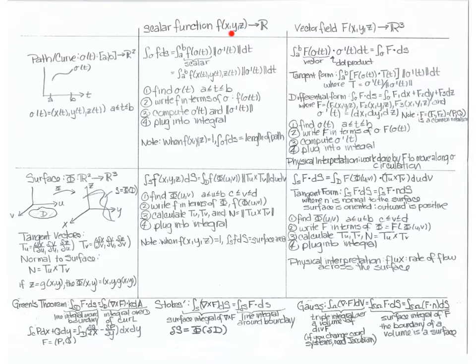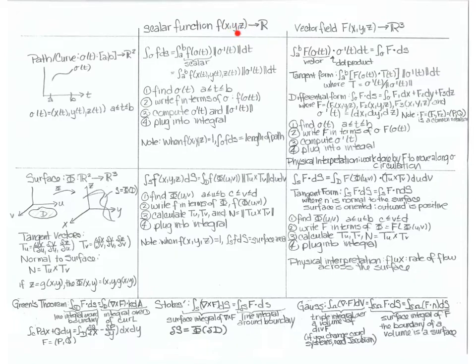Scalar functions are denoted with a lowercase f, and vector fields are denoted with an uppercase F. This might seem like a very picky thing, but it's extremely useful. So you would be wise to pay attention that when you have a scalar function, you have a lowercase f, and a vector field, you have an uppercase F. A scalar function takes variables x, y, and z.